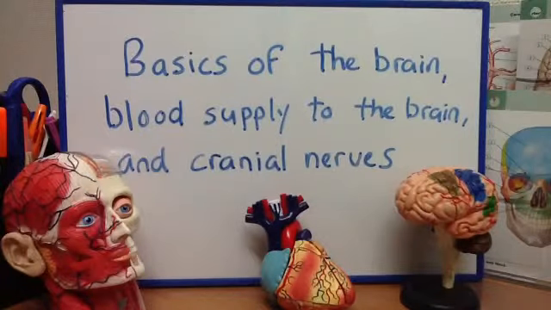Remember we said that there were 2 anterior, 2 posterior, and 1 internal? So the anterior communicating and cerebral arteries, the posterior communicating and cerebral arteries, and the internal carotid arteries. And all components supply the brain by many small branches. Remember, 2 A's, 2 P's, and 1 A.